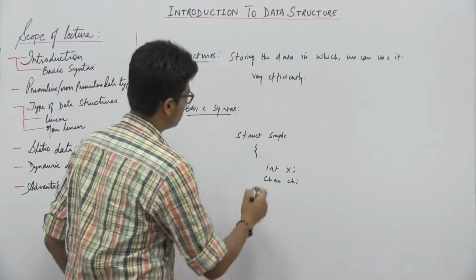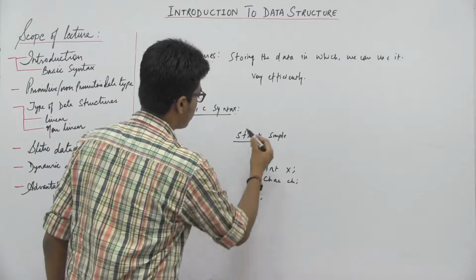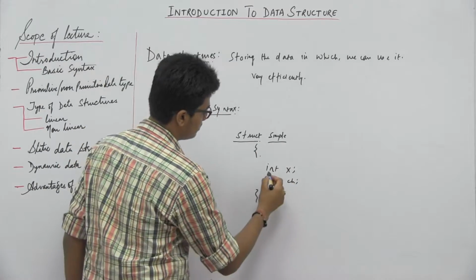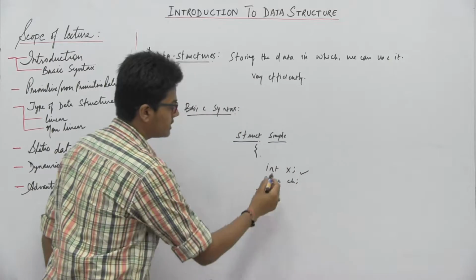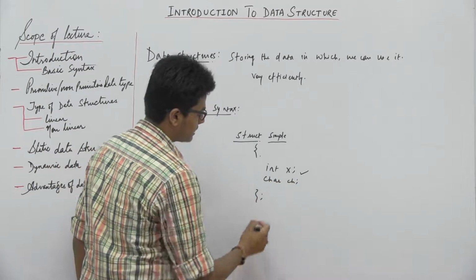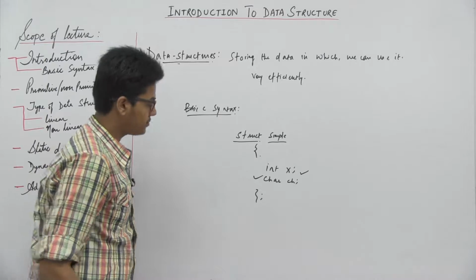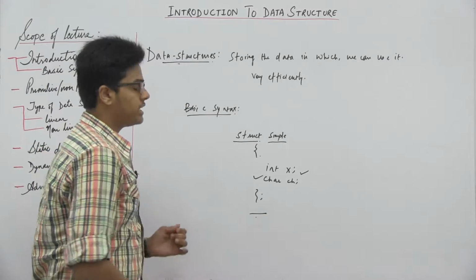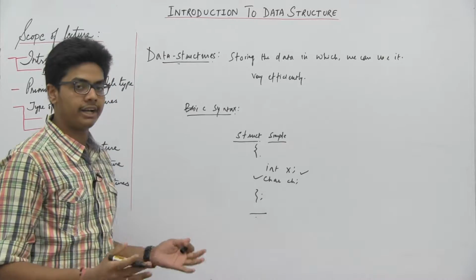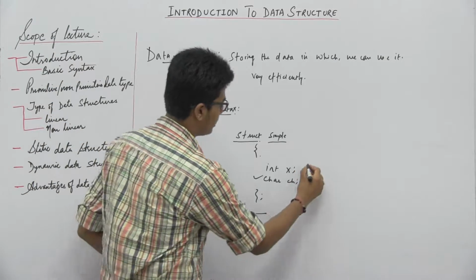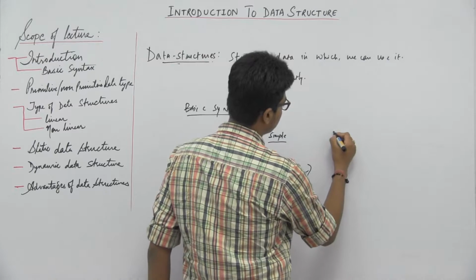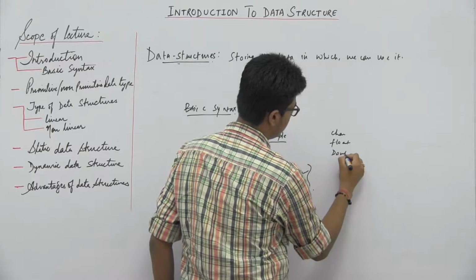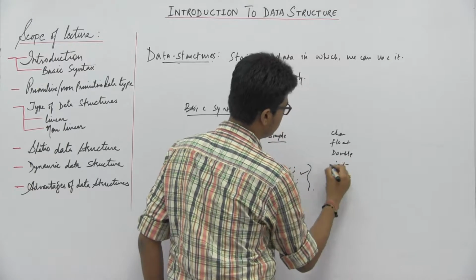Here struct represents the structure's name called simple, and inside the structure I defined an integer data type named x and a character data type ch. So basically a data structure comprises a lot of data inside it and many other data types like character, float, double, integer.